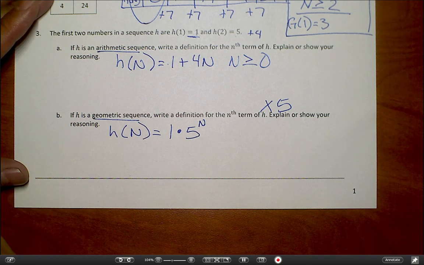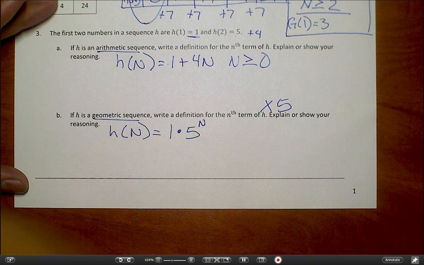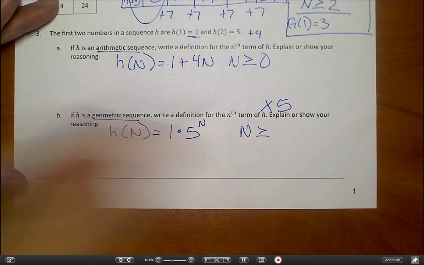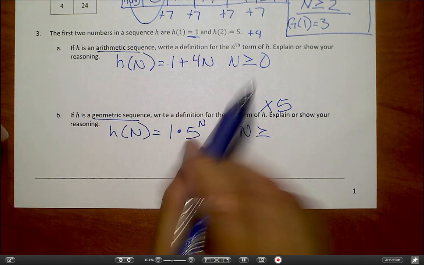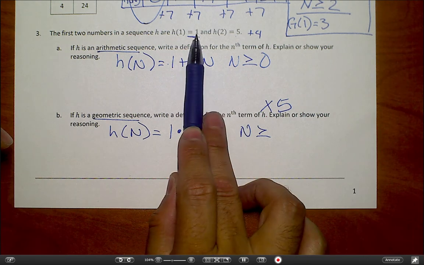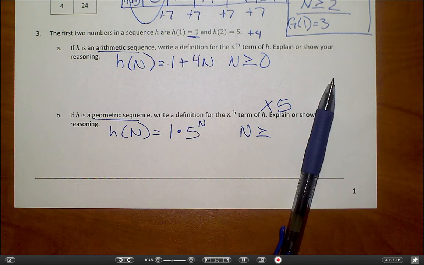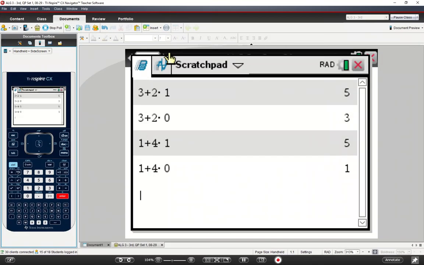Very good. Now we have to define n's. You could use your calculator if you need to define the n. So n greater than or equal to. My first number in the sequence is 1, right? So let's take a look at what my calculator says. 1 times 5 to the, what do we want to say? 0 or 1?